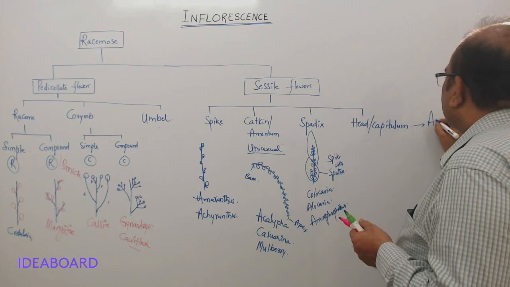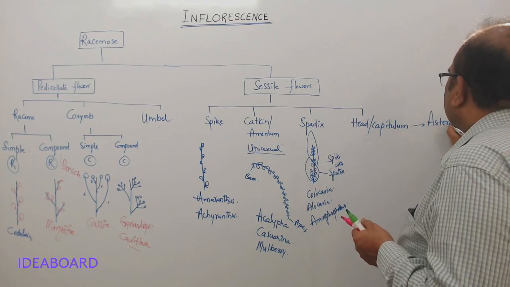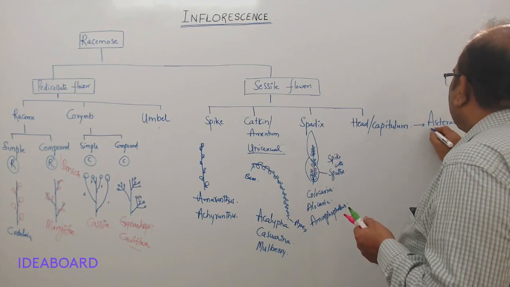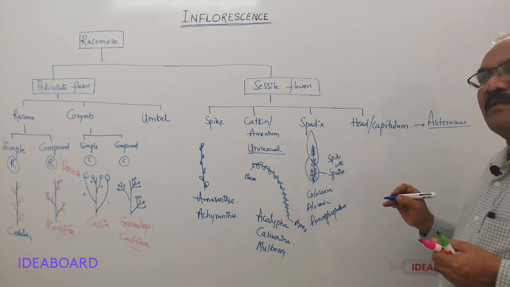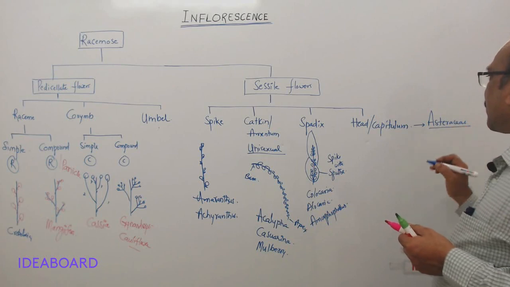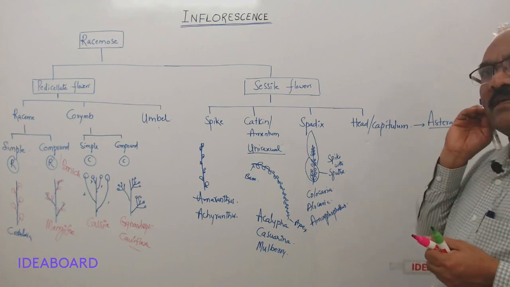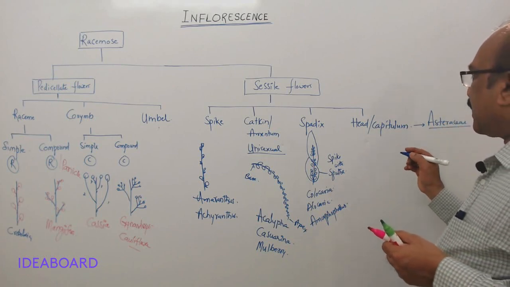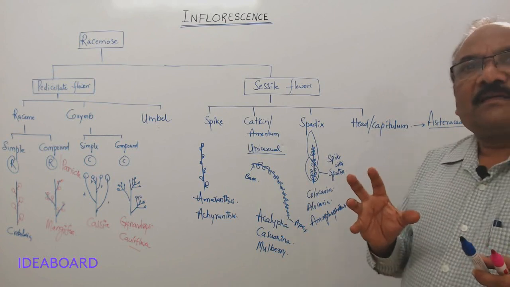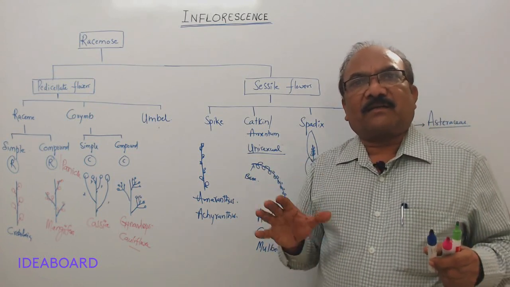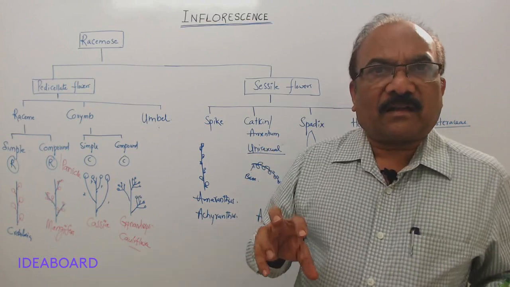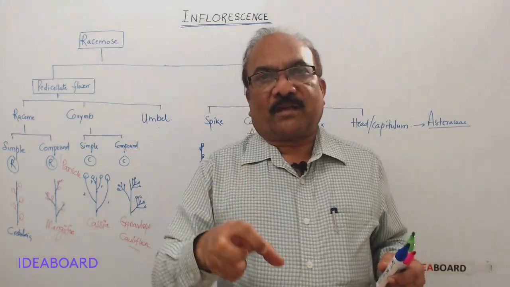And when we come to head inflorescence, this is a highly advanced inflorescence, and you will find this in the family Asteraceae, in which the most popular sunflower plant belongs. That's why Asteraceae is called the sunflower family. Generally people think that sunflower is a flower, but sunflower is not a flower, it is a group of flowers.